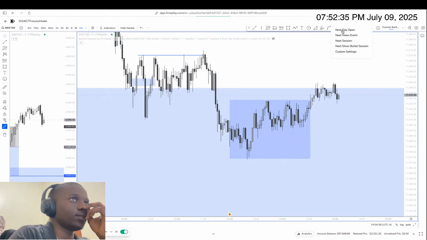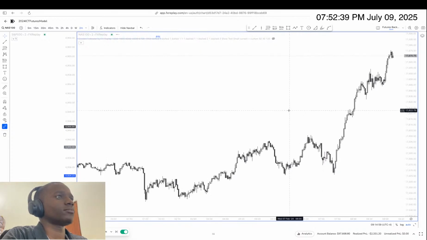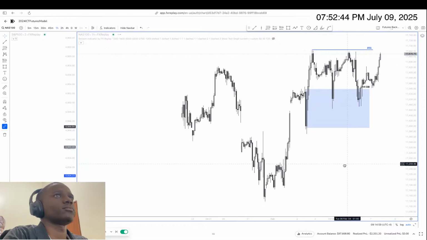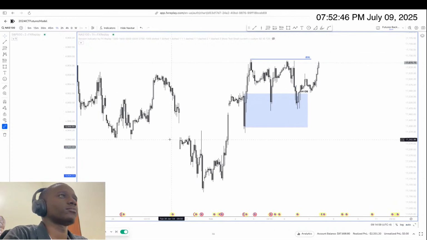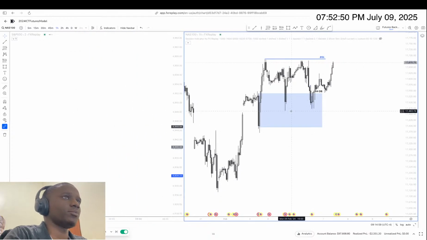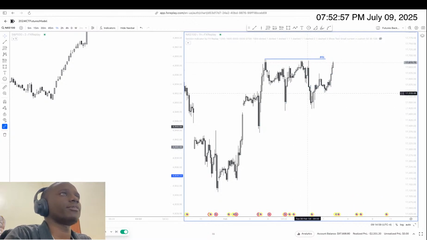Let's go to the next day. So NQ ended up putting on these relatively equal lows here. Very nice sell side.